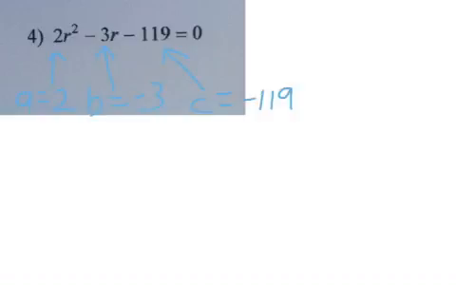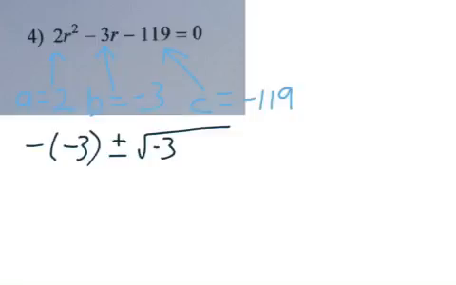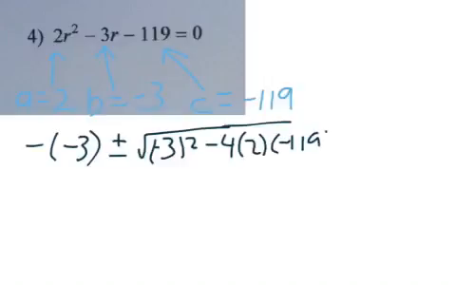Okay, so let's plug in our values in the quadratic formula. So here we go. We're going to take the negative of b plus or minus square root b squared minus 4 times a times c.